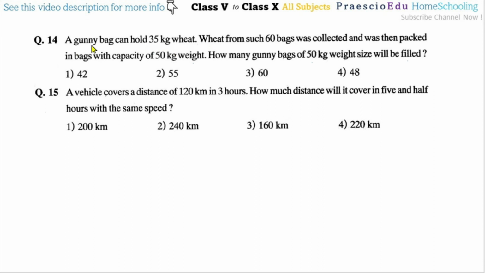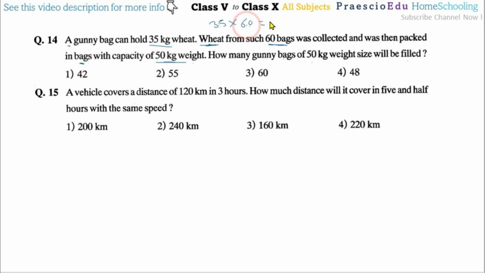One gunny bag holds 35 kg. Such 60 bags are there, so 35 multiplied by 60 is the total wheat weight. After that, it was packed again in bags of 50 kg capacity each.